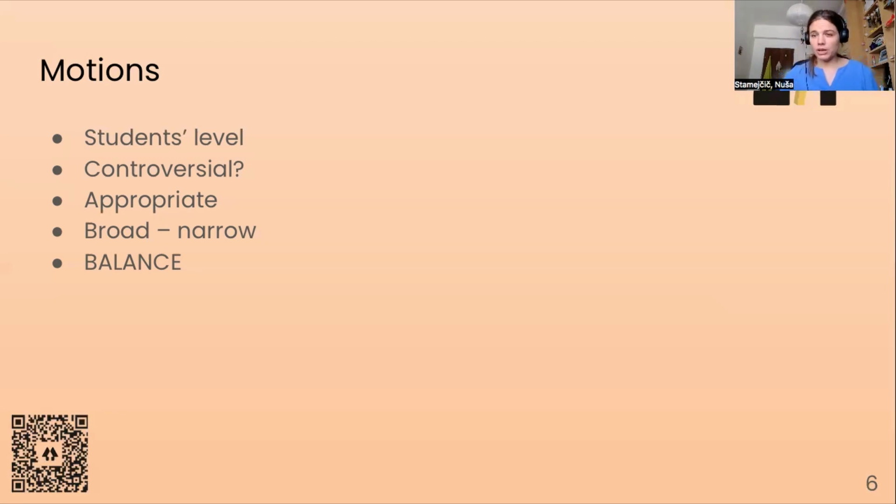So this motion now, you can see already with the way it's set, it's a lot more narrow than the motion of science has replaced philosophy, right? So narrowness is there, but there are a lot of great philosophical ideas behind it, right?